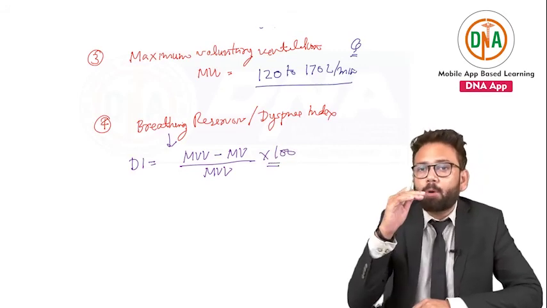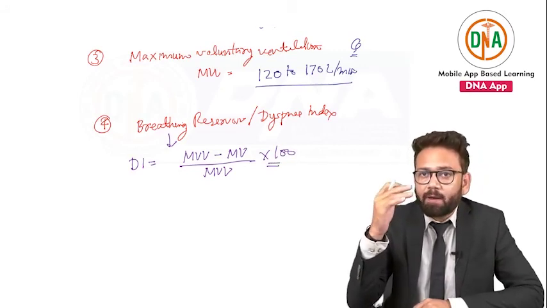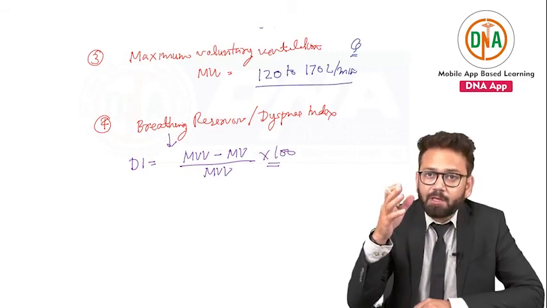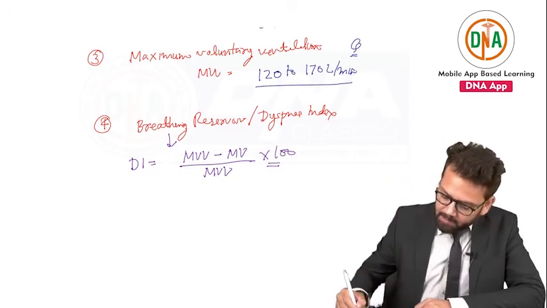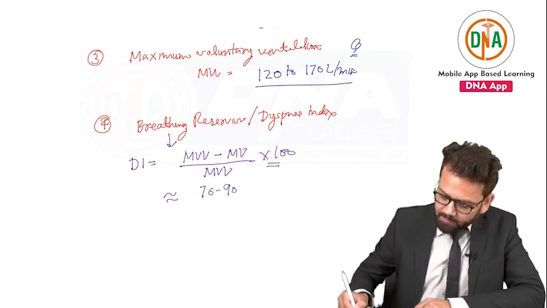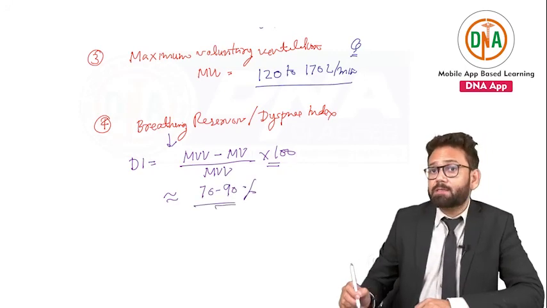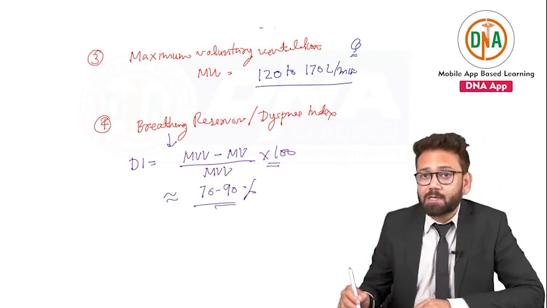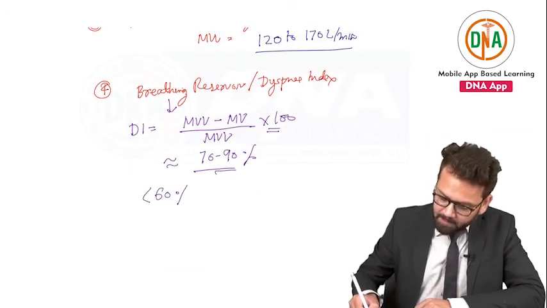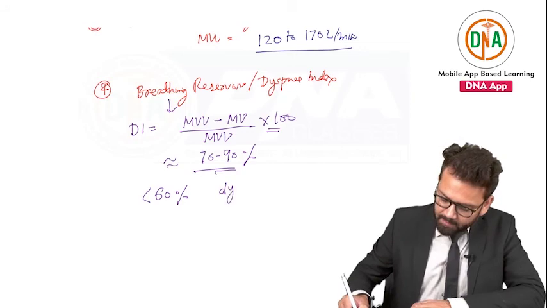It is the maximum amount of air which you can inspire and expire above pulmonary ventilation, called breathing reservoir or dyspnea index. Normally it is 70 to 90%. Normally this much reservoir is left, that is why dyspnea is not occurring. But if it becomes less than 60%, then dyspnea can occur.